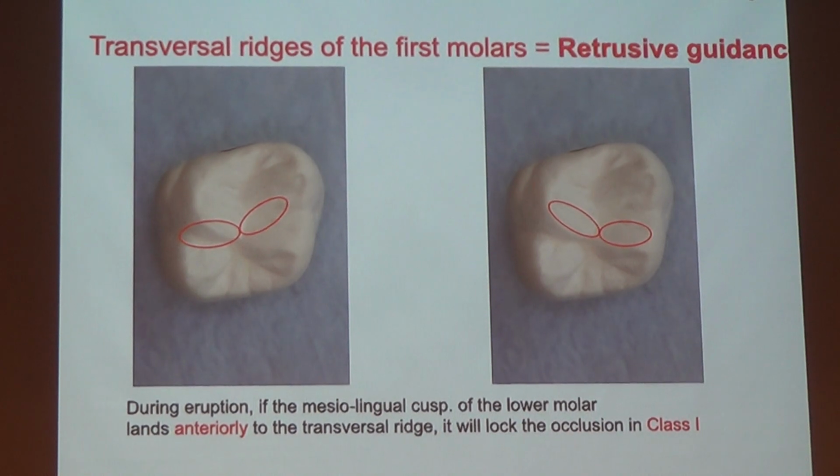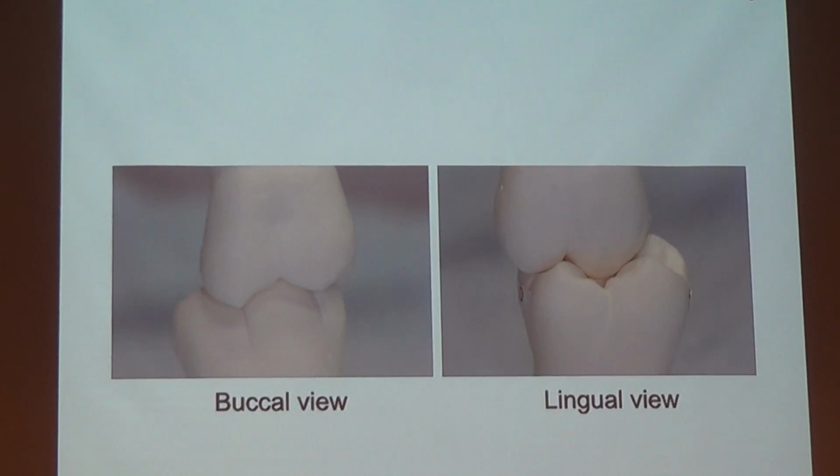In this position. Có nghĩa là nếu răng hàm dưới khớp ở phía trước gờ này thì nó sẽ được hạng 1.